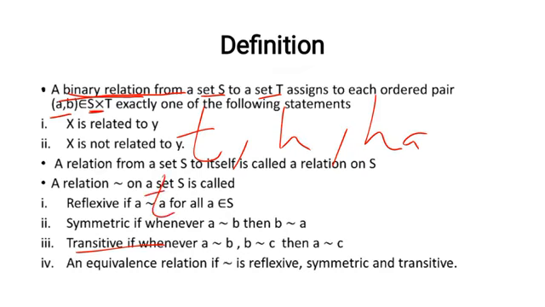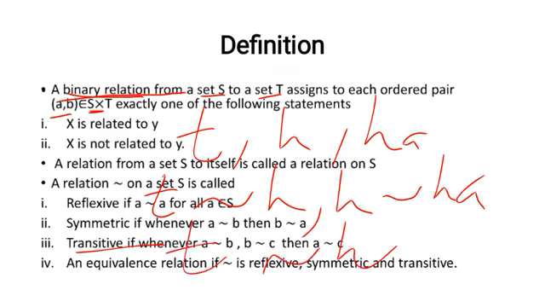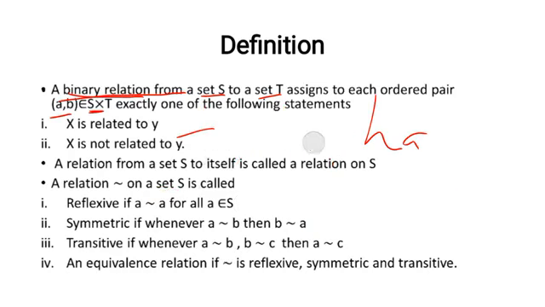If Tabitha is a sibling of Hassan and Hassan is a sibling of Hawa, clearly Tabitha is also a sibling of Hawa. That is what we mean by transitive. So this relationship is transitive. You need to know this definition by heart because we'll be using them practically in most of the video.